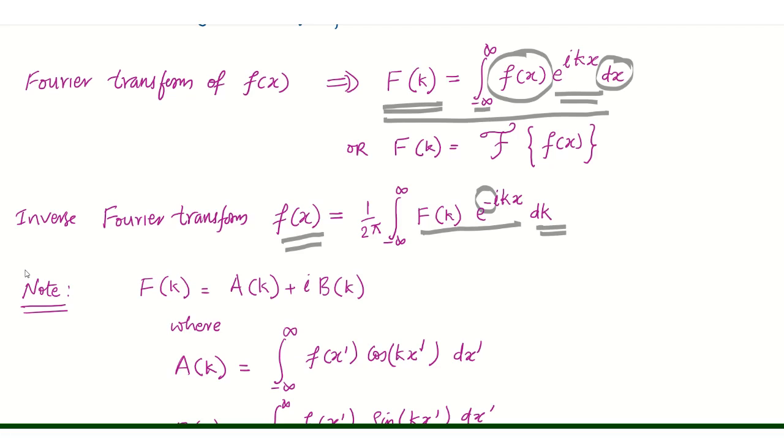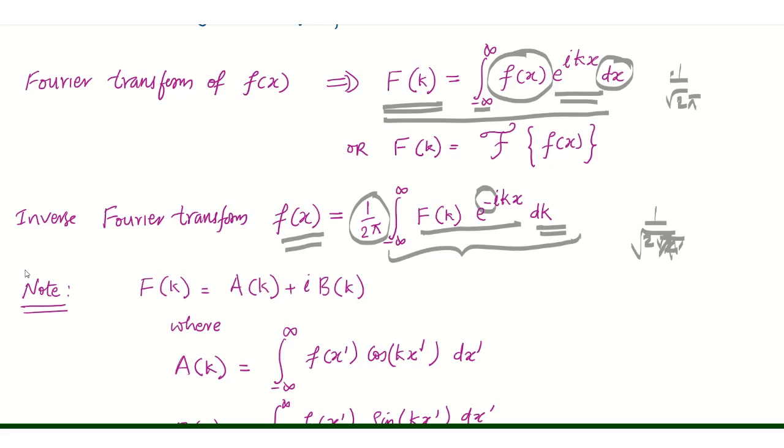Here, what you may see different in different textbooks is this constant. Somewhere it could be 1 by 2 pi, sometimes it could be divided between 1 over square root of 2 pi and 1 over square root of 2 pi, etc. But the functional form here will and should remain the same.